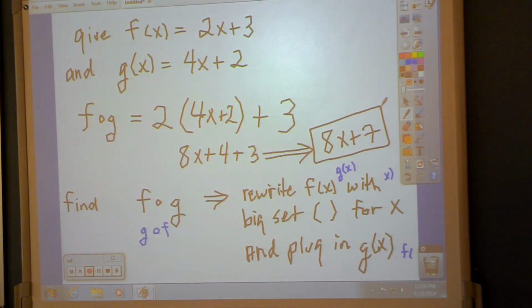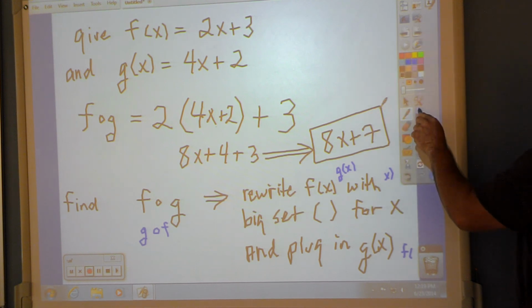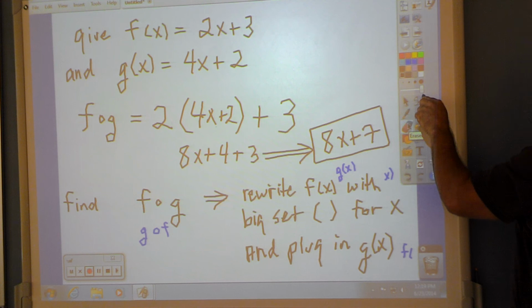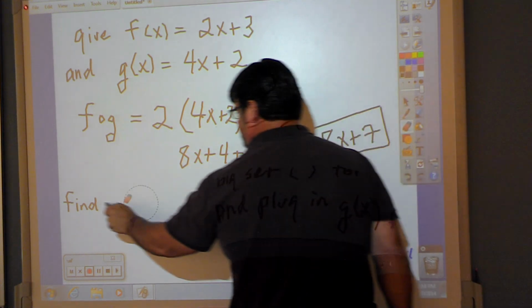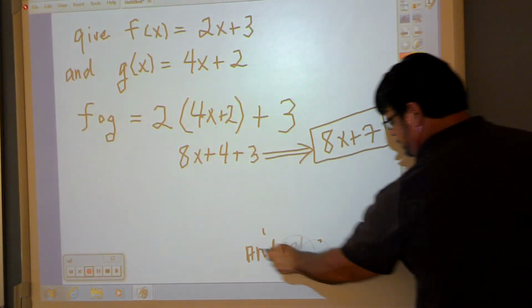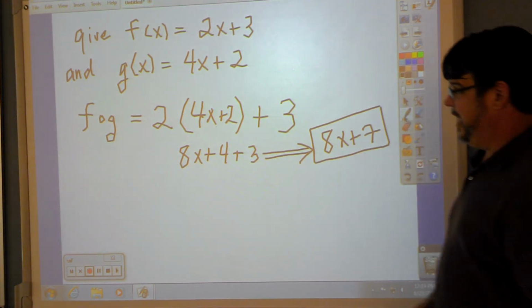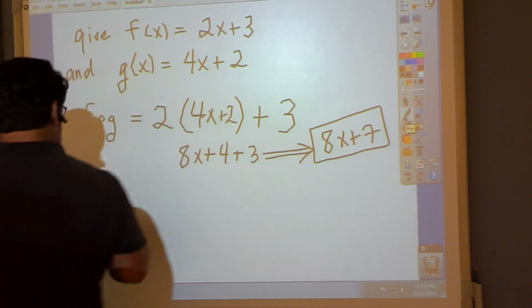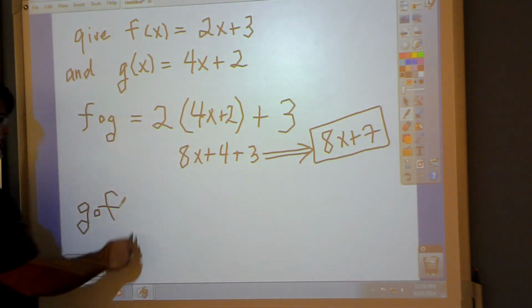Now do g composed of f. Now, how hard is that? It's not hard at all. g composed of f, gof.